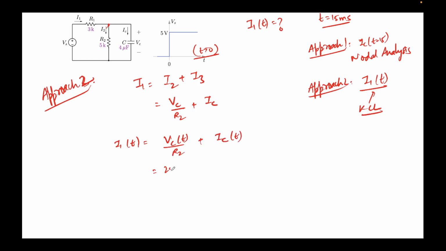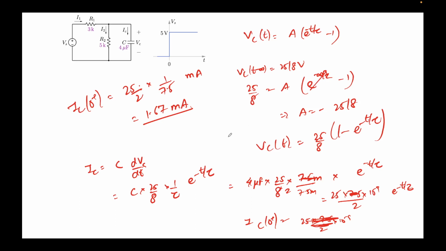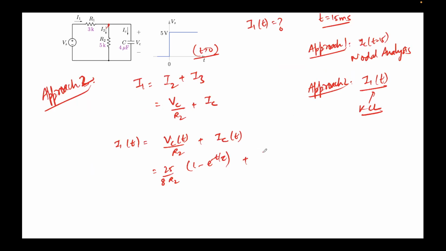VC of t was, if I remember, 25 by 8. So R2 will come here, and it was 1 minus e to the power minus t by tau, plus the expression for IC, which we had derived somewhere. Yeah, it was this 1.67 milliamps times e to the power minus t by tau.